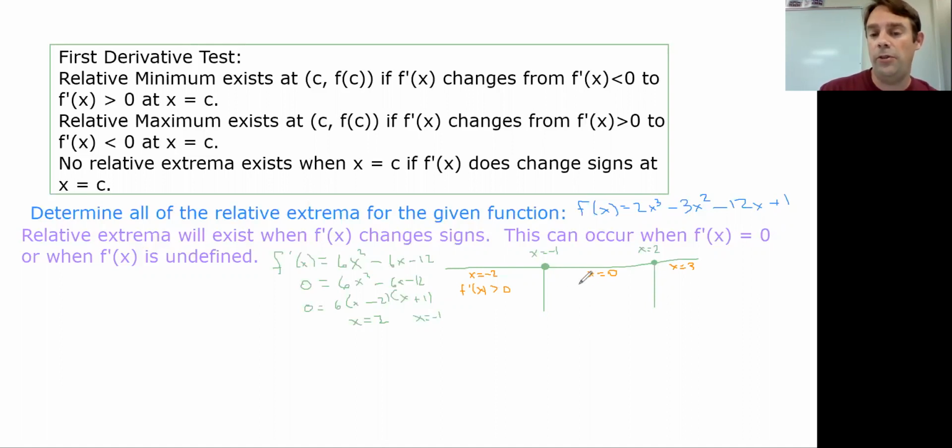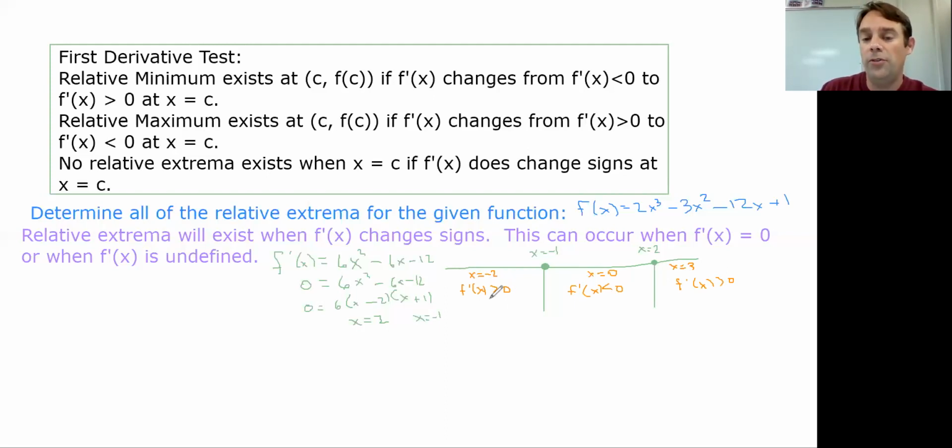If I plug 0 in, or any number between -1 and 2, I'd get a derivative value less than 0. So between -1 and 2, my graph is decreasing. And then my graph goes back to increasing again because all my derivative values from 2 to positive infinity would be greater than 0.